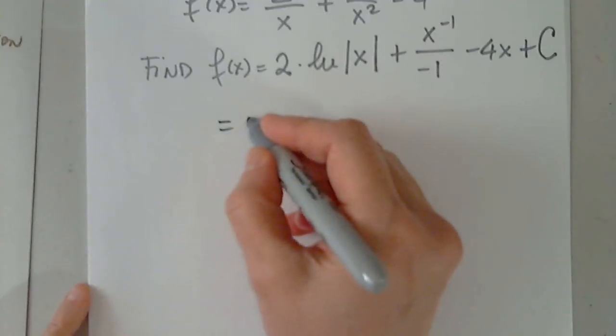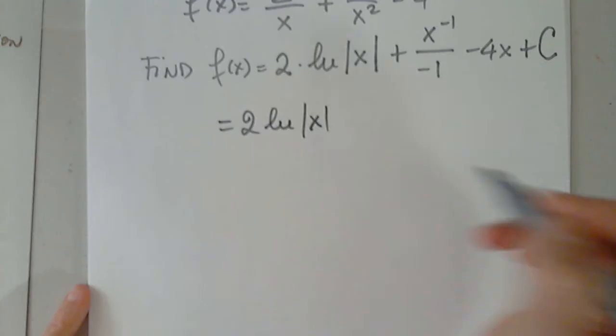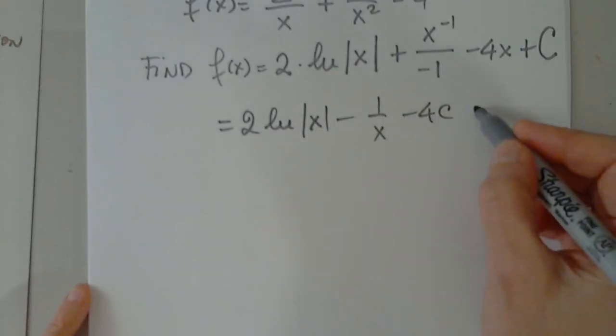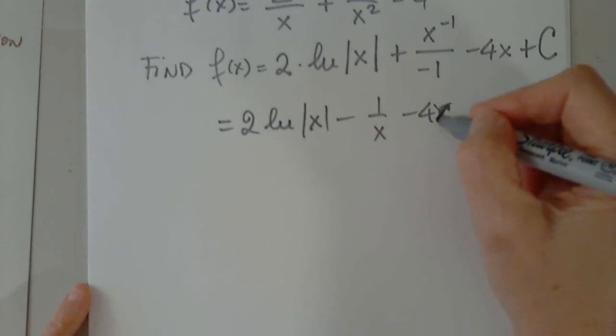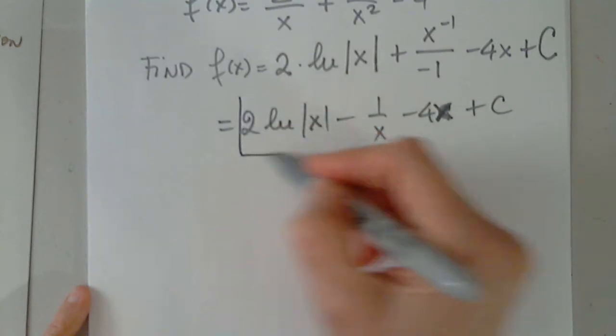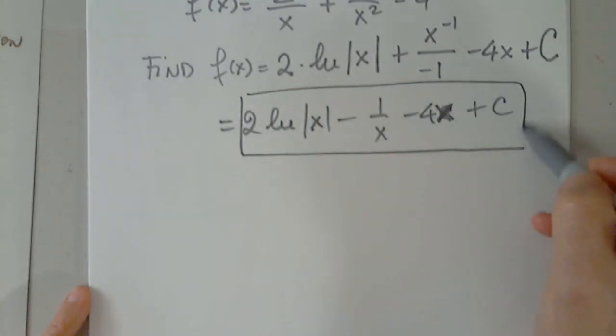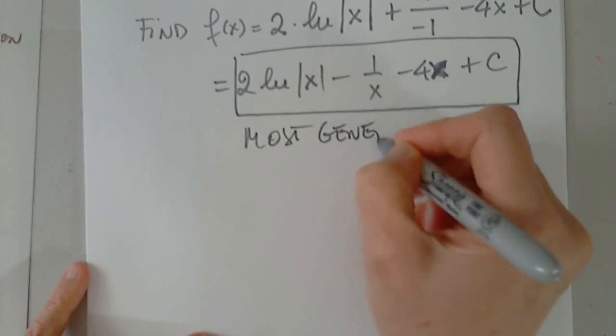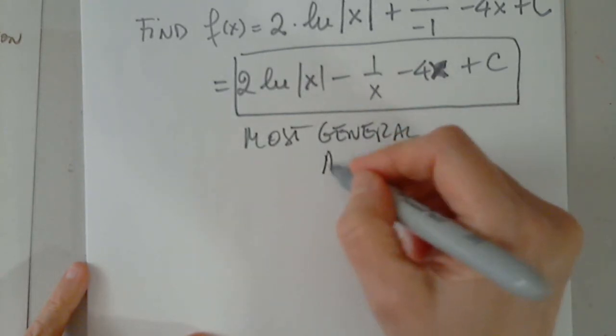I will rewrite it as 2 natural log of the absolute value of x minus 1 over x, minus 4x plus a constant c. This is the most general antiderivative.